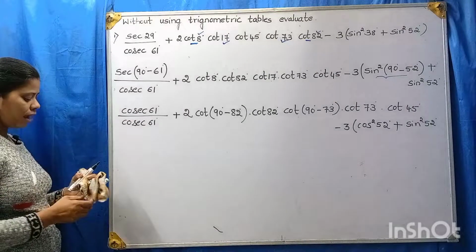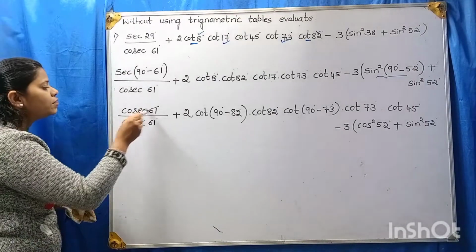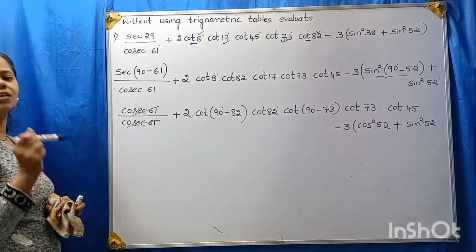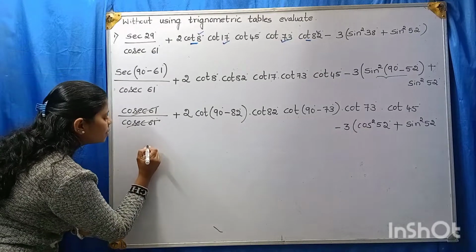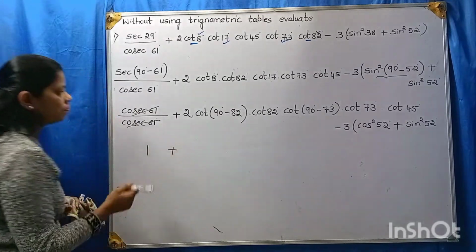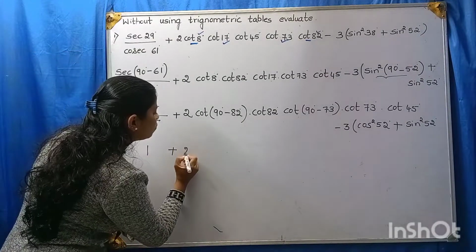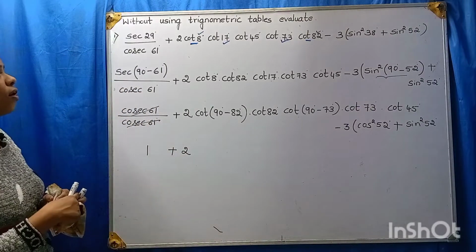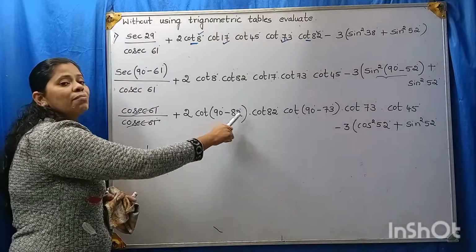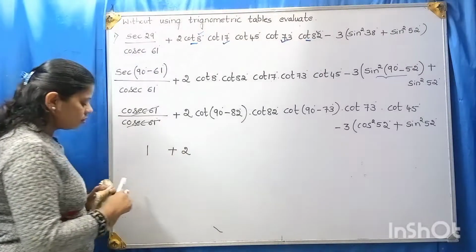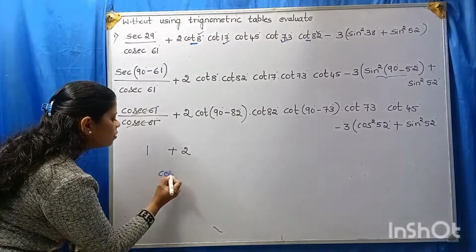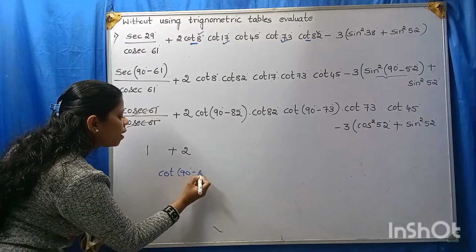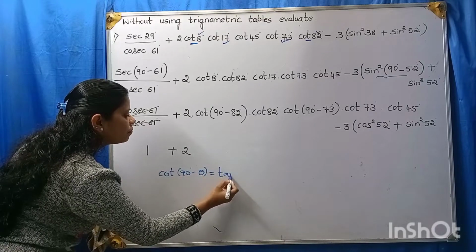Now look at the problem. Cosecant 61 degree, cosecant 61 degree, it will get cancelled. Now it is 1 plus 2. We know that cot 90 degree minus theta is tan theta.